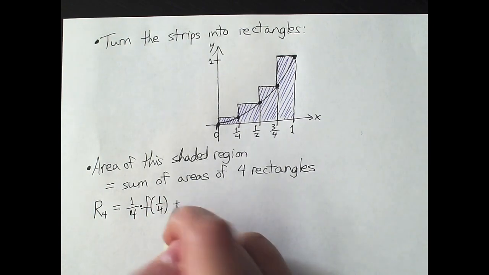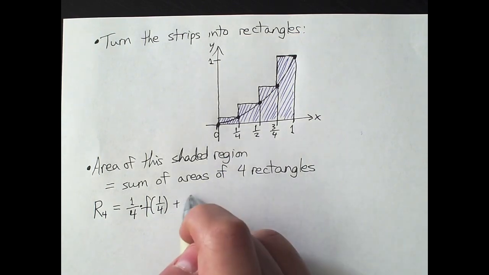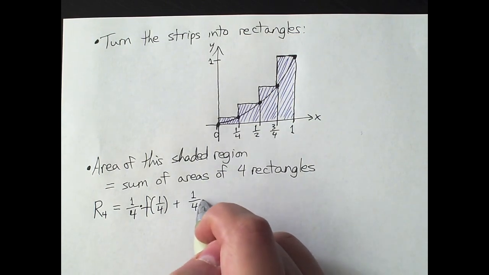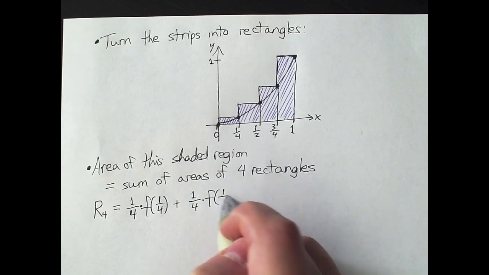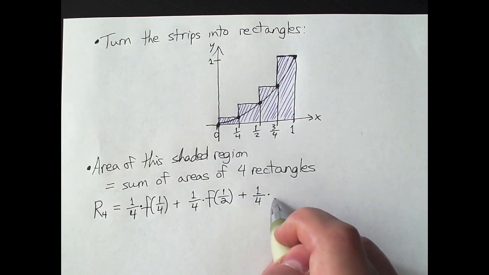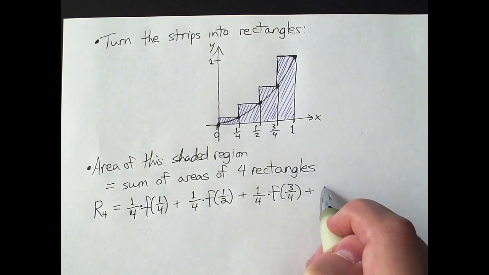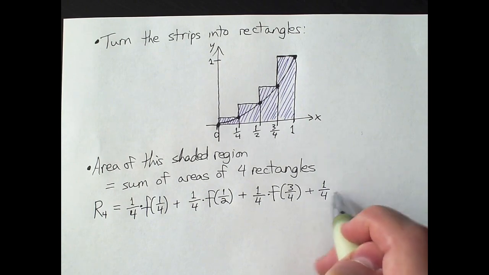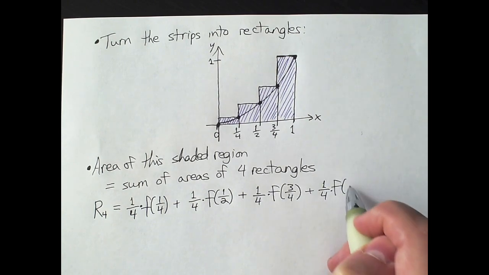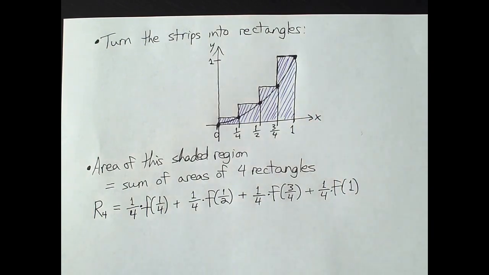That's the height. So this right here is the area of the first rectangle. Width times height. The next rectangle has a width of 1/4 and a height of f of 1/2. The third rectangle has a width of 1/4 and a height of f of 3/4. And the final rectangle has a width of 1/4 and a height of f of 1, because that's how high up this is, f of 1.